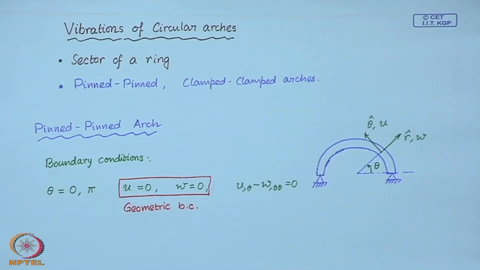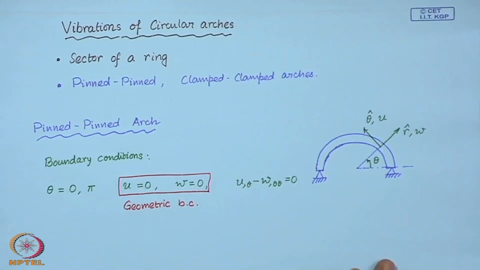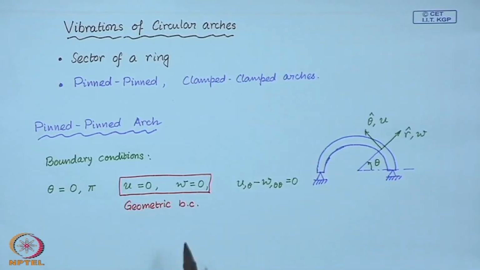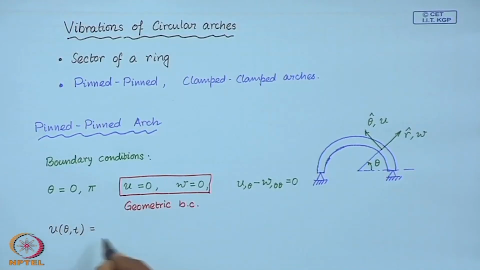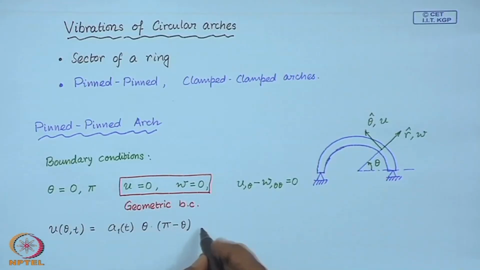So, now we have to choose admissible functions. So, we expand our field variables. The way I have chosen for this problem, the first admissible function is 0 at theta equal to 0 and also 0 at theta equal to pi.